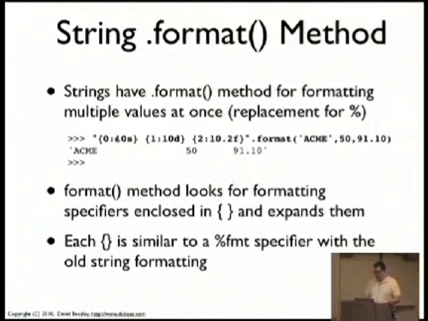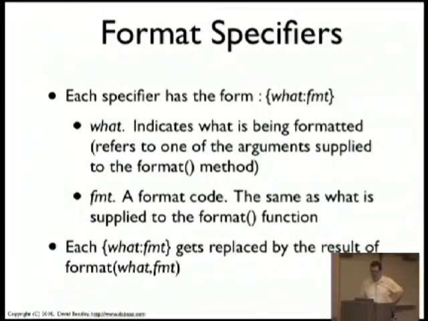What format is doing is going through this string looking for these placeholders in curly braces and then expanding those. In some sense, each one of these little curly brace pieces is similar to a percent code with the old string formatting. But this new formatting is way more flexible in what it lets you do.